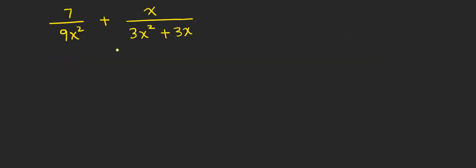In order to add this, we need to find LCM. So you got 9x squared, and you got 3x squared plus 3x. Let's factor that out. So 3x quantity x plus 1. So what is the LCM of these two? You have 9 and 3. So you need to choose 9.